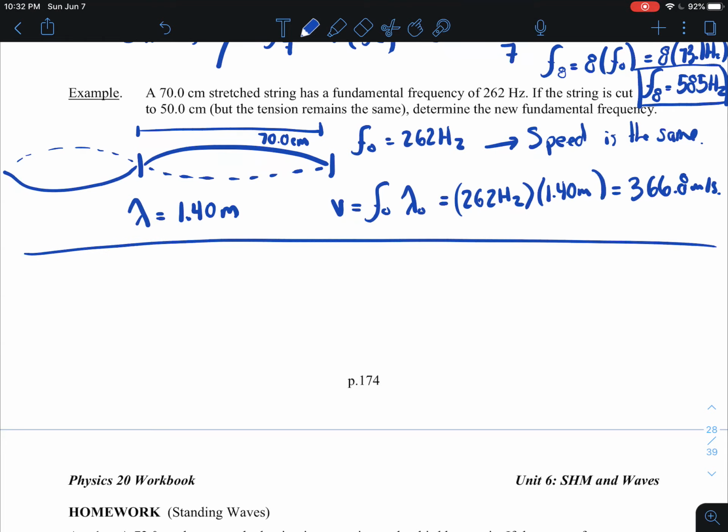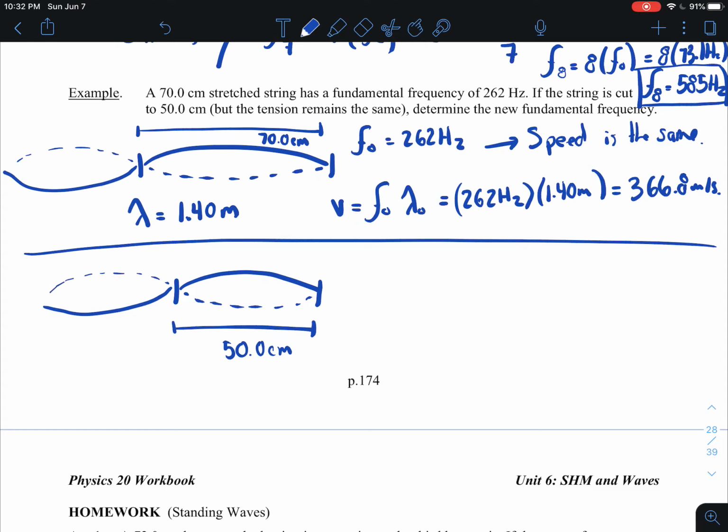So right away, I know that if I change the string to now 50 centimeters, a new distance of 50 centimeters, that means the wavelength, which must be 2 of these, must be exactly 1 meter, because 2 times half gives us a full meter in this case.